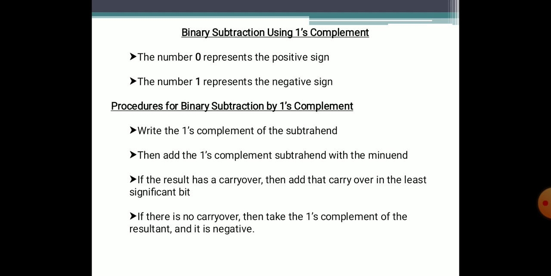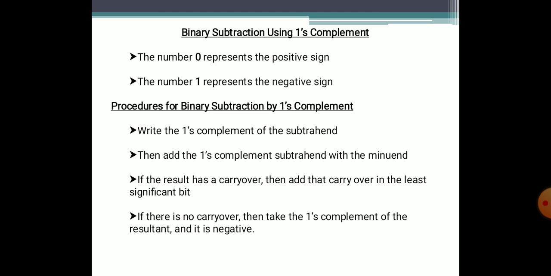So the procedures for performing the binary subtraction using 1's complement are: first, write the 1's complement of the subtrahend. While performing binary subtraction by 1's complement, we have to change the subtrahend to its 1's complement.